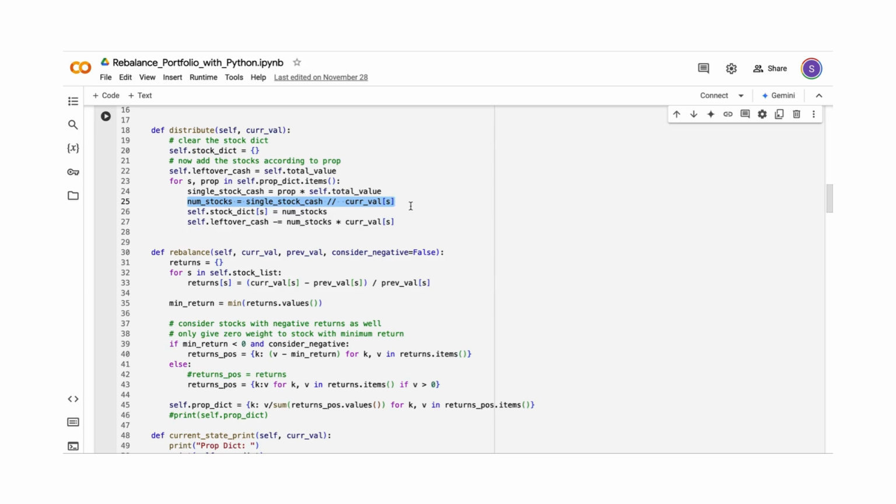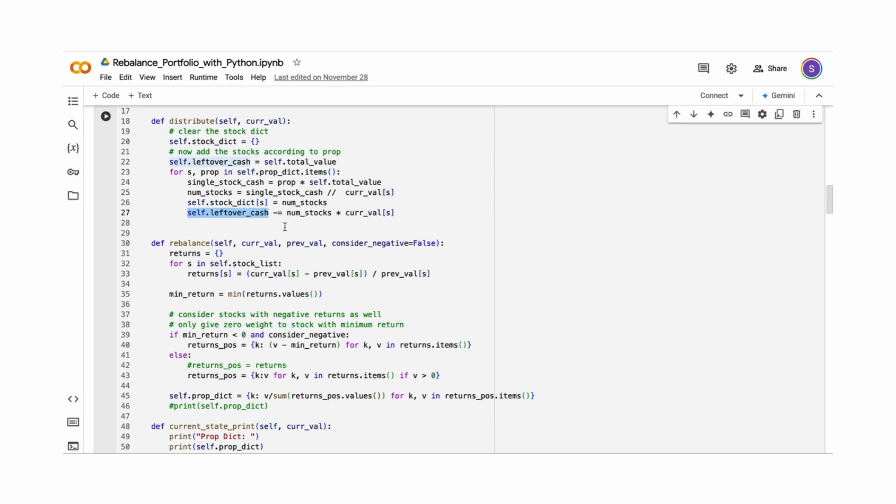Again, we cannot be exact, because the amount of cash we can spend on a single stock has to be a multiple of the current value. We cannot buy 1.5 stocks, we have to buy either one stock or two stocks. And so there will be some leftover cash, which is what we take into account here.